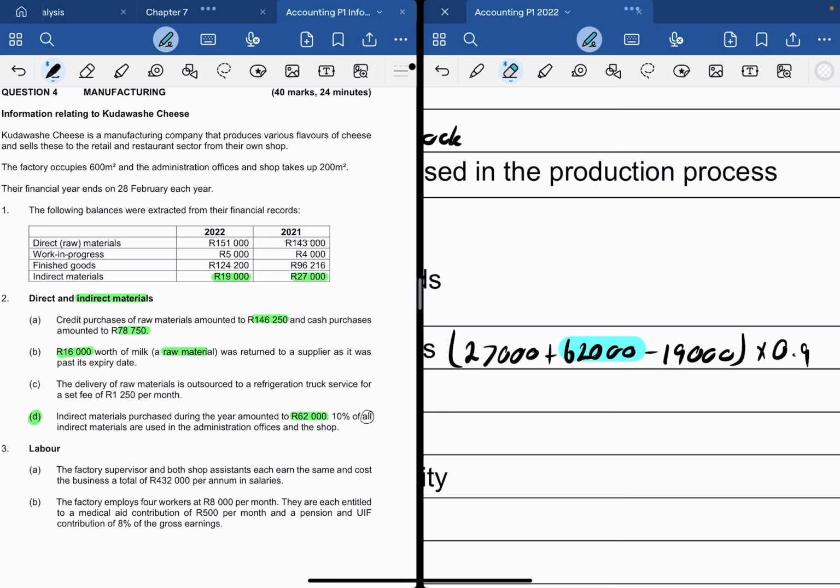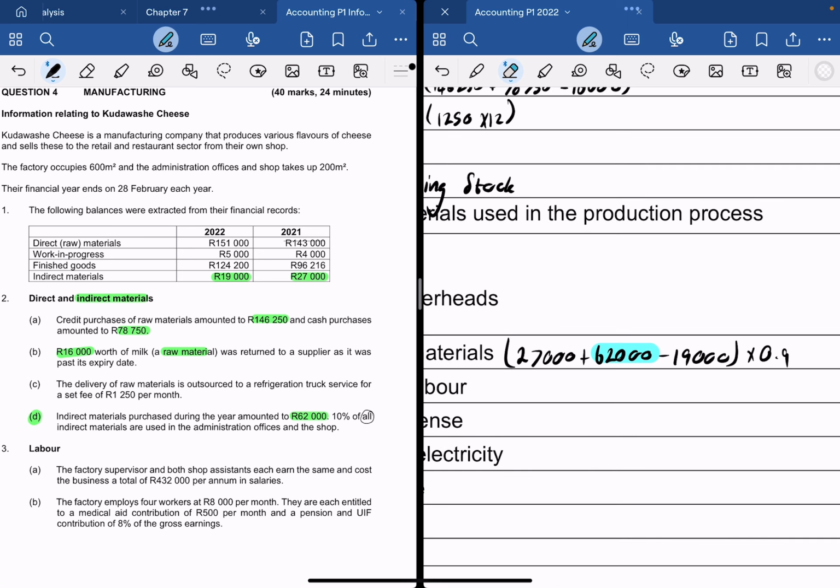So you calculate your whole expense for the year with your opening balance, purchases minus closing balance, then times it by whatever percent it is, 90% or 85%, 80%, whatever.